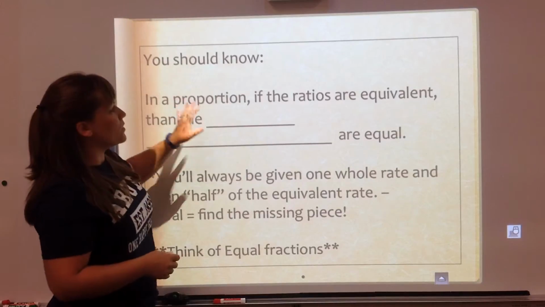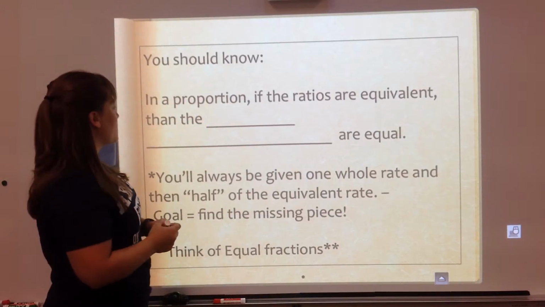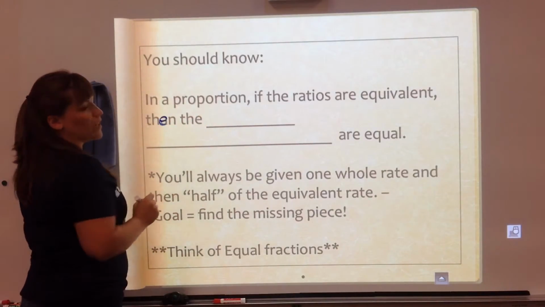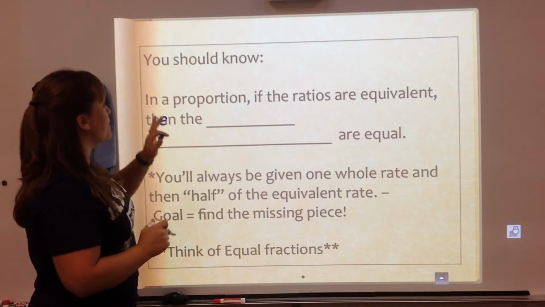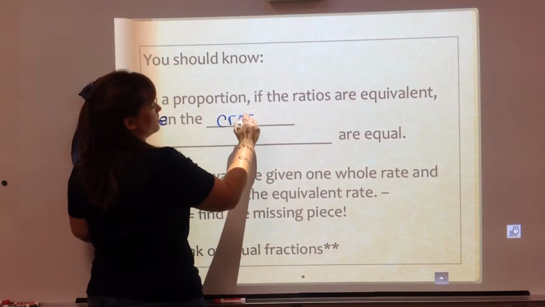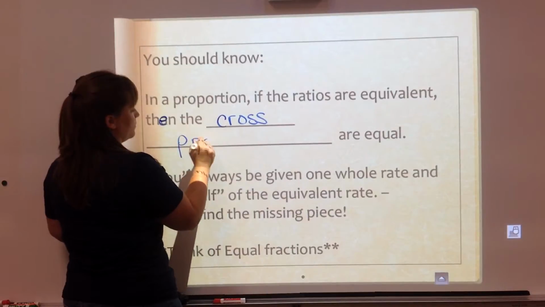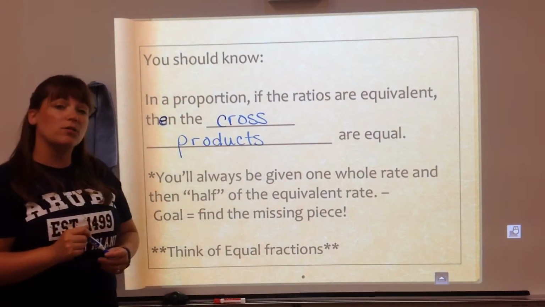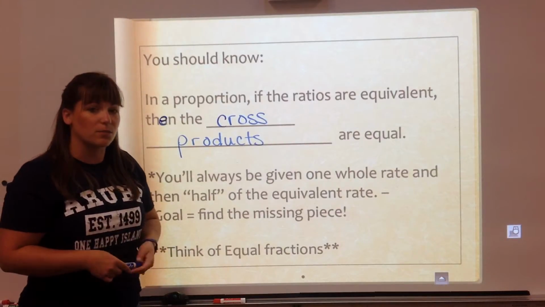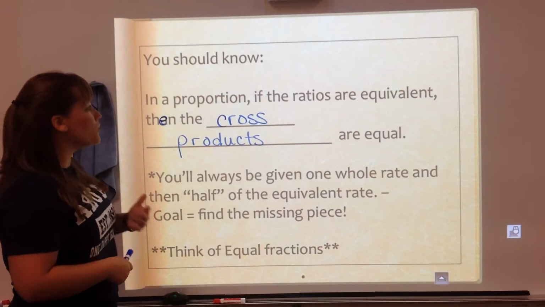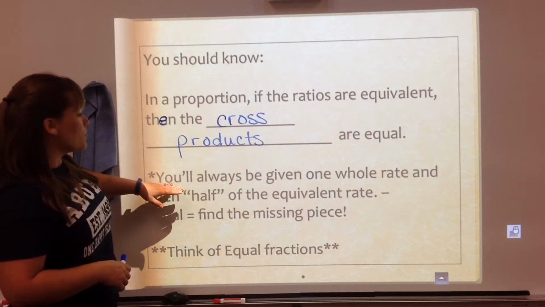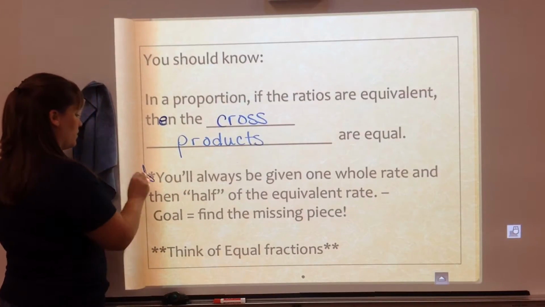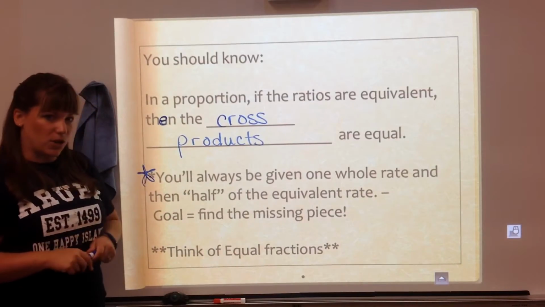In a proportion, if ratios are equivalent, then, sorry, a little typo there, then the cross products are equal. So you are going to practice cross products a little bit more over these next couple of days, dealing with proportions. Here's a little hint, and I want you to star it.